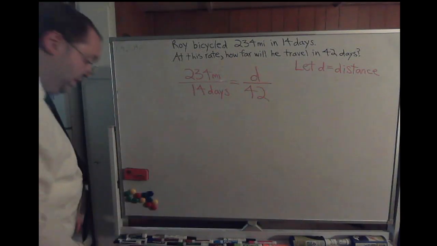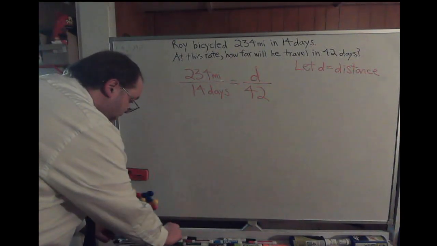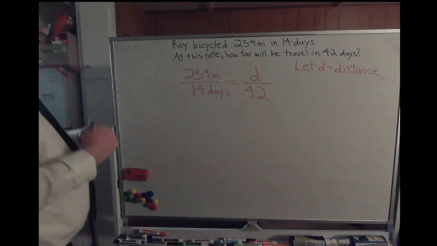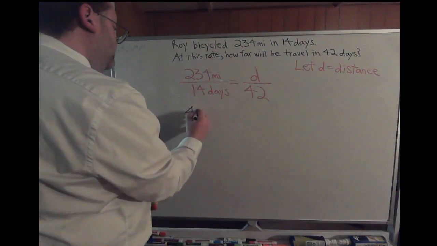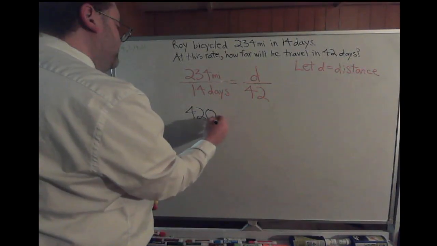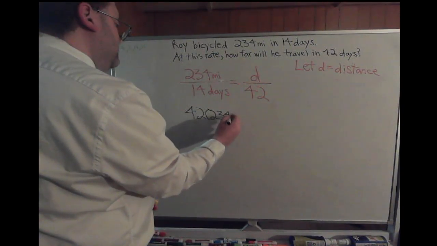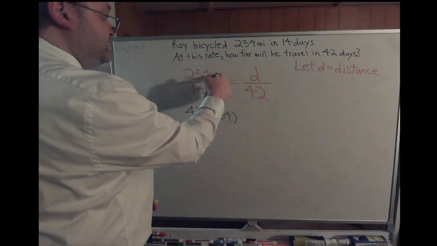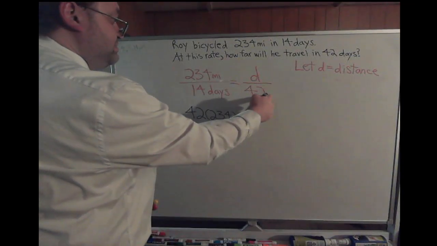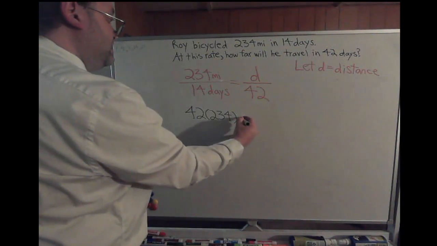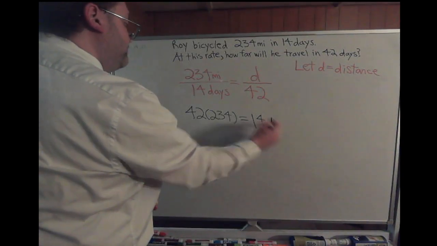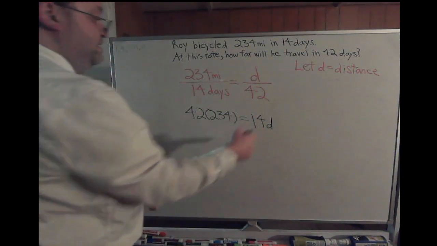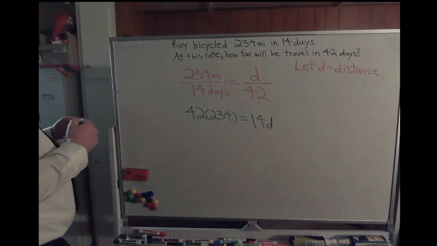So then, like you would any other proportion equation, you're going to do the cross product. So you'll do 42 times 234, because you're doing the cross product of 234 miles times 42 days would be equal to 14 times D on the other side of the equation.